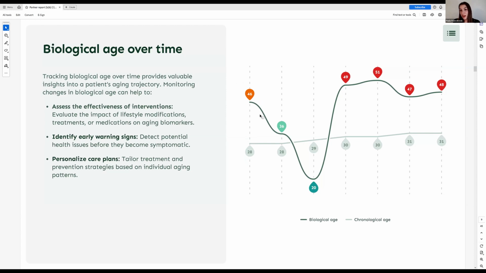So what you can expect, for example, if you implement proper protocols and if you address the areas of concern, we would see how biological age changes over time, and if it goes back to baseline or even higher, which is something interesting because it gives you an opportunity to evaluate your protocols and see if they are working for this particular client.